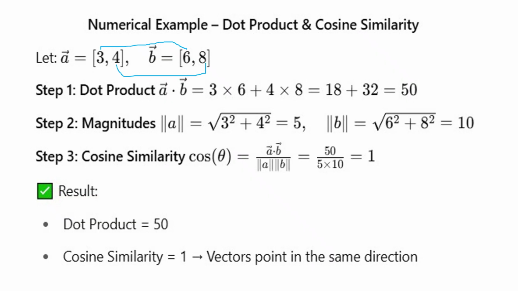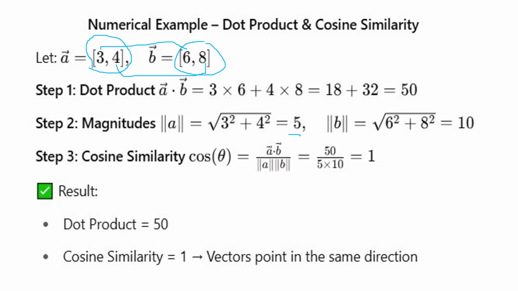Now the magnitudes of vector A and vector B have to be found. So how do we compute the magnitude of vector A? Root of 3 square plus 4 square, so we get the value 5, and the length of vector B can be found by root of 6 square plus 8 square, which is equal to 10. Right? Now we compute the cosine similarity. What is the formula?